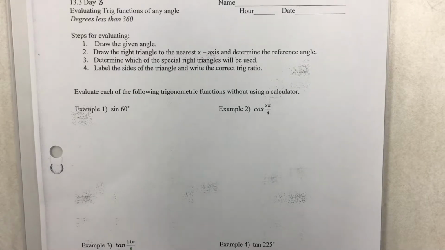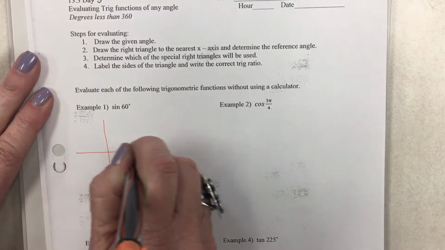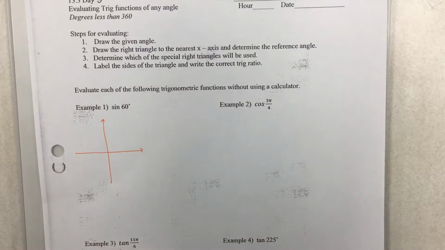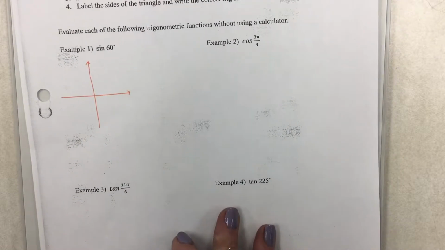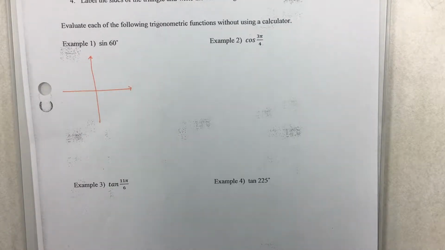So the first thing I need to do is set up an XY coordinate, an x-axis and a y-axis. One thing I need you to understand is that we are not moving away from the unit circle.